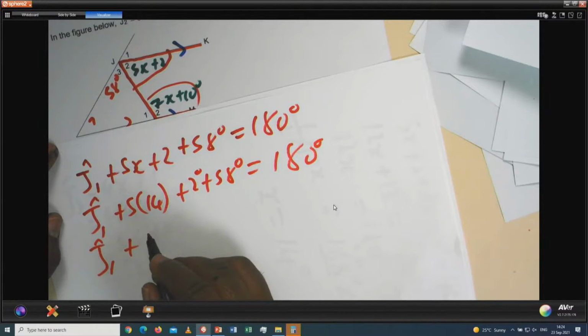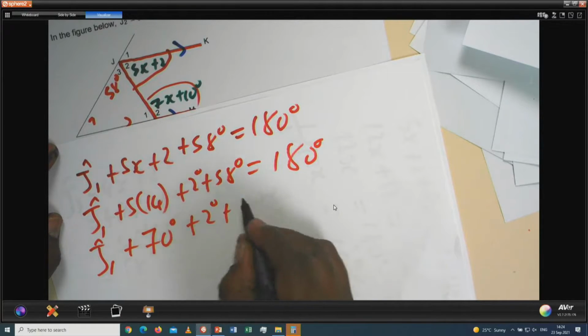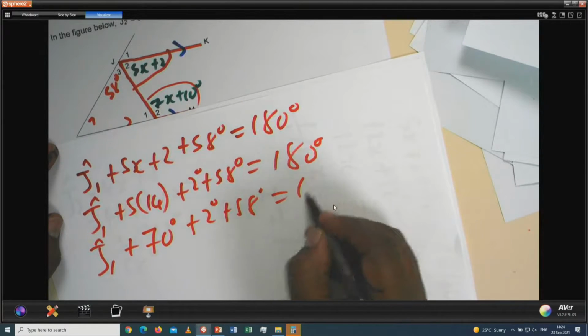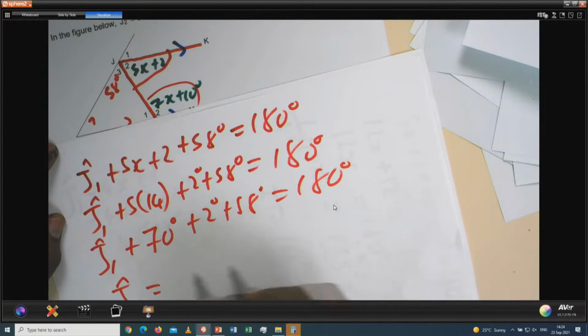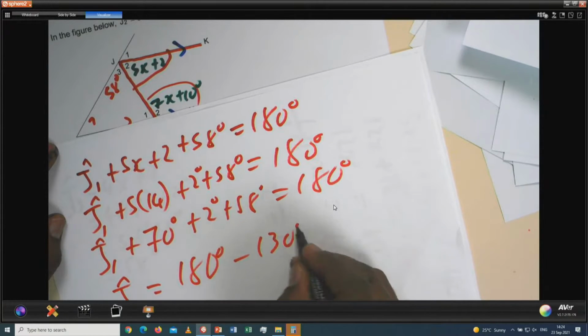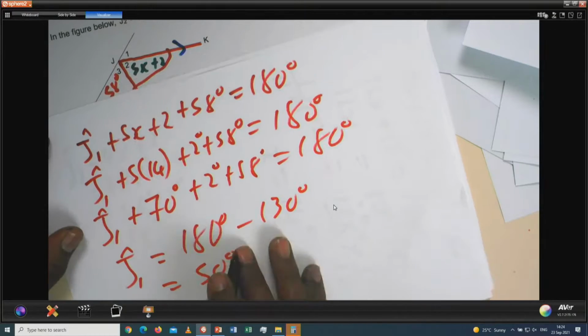Therefore, this one is 70 degrees plus 2 degrees plus 58 degrees, which is 130. 180 degrees minus 130 degrees. Therefore, J1 is equal to 50 degrees.